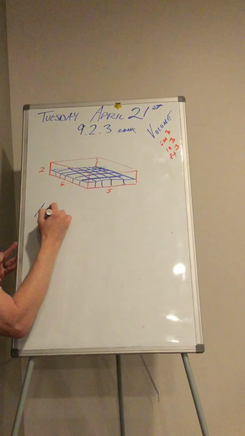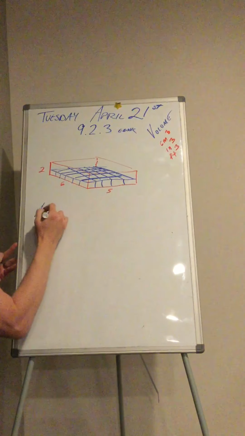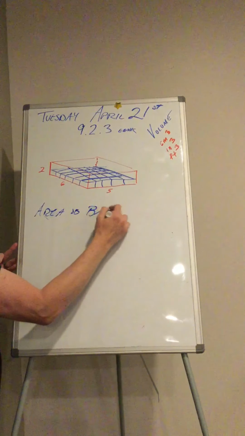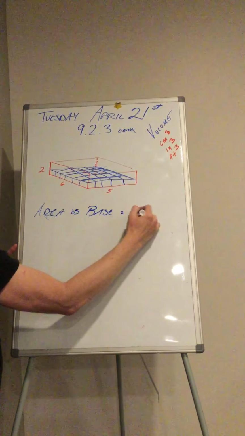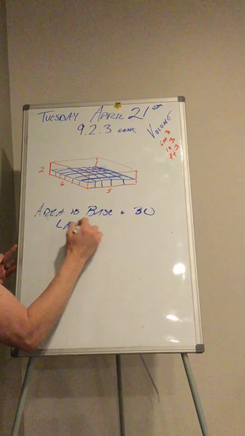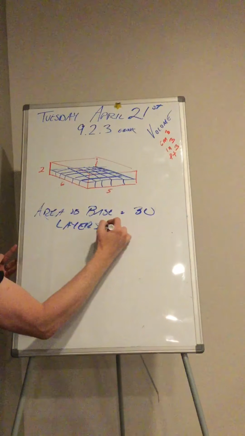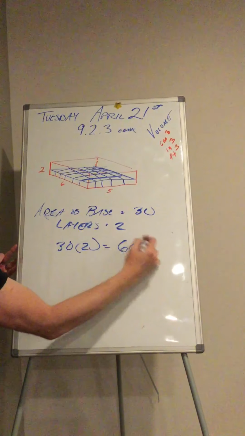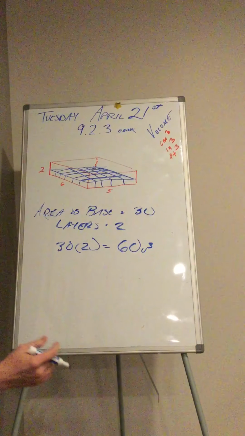So area of base is 30, and how many layers? There's 2, so 30 times 2, 60 units cubed again.